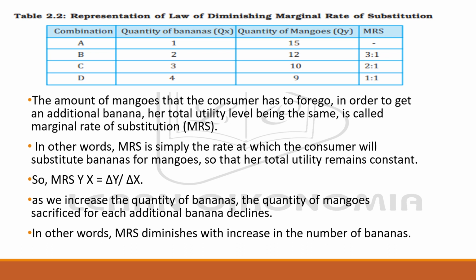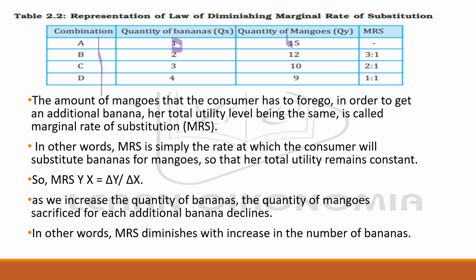Now let's represent the law of diminishing marginal rate of substitution by using the indifference curve. In the table we have 4 different combinations, and each combination has certain units of bananas and certain units of mangoes.